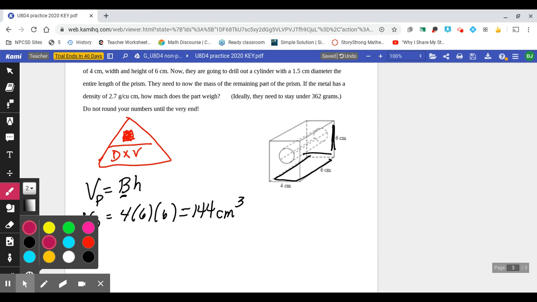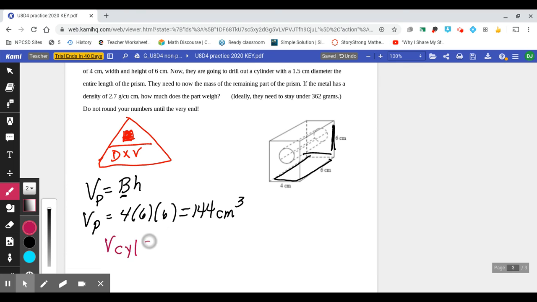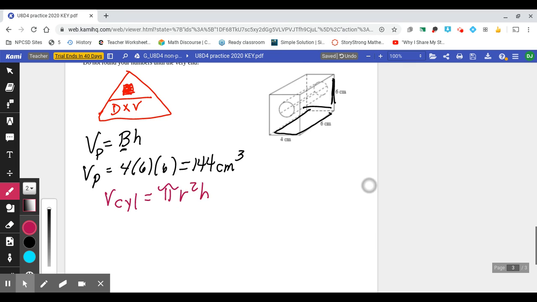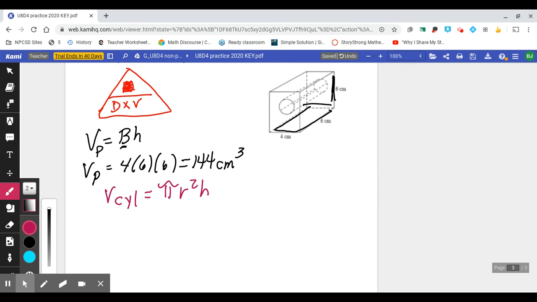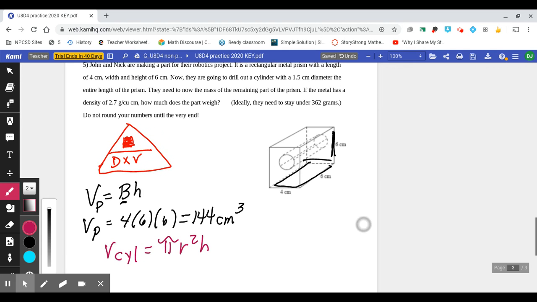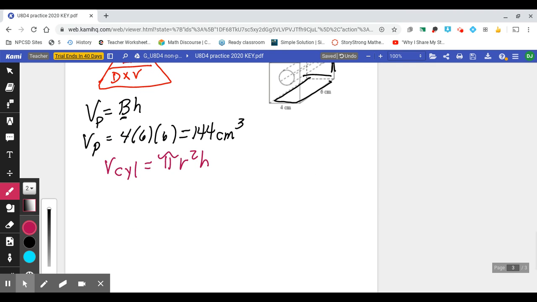Okay, so in the cylinder, we have volume of the cylinder. What formula is that? Pi r squared h. Okay, so what do I know about that cylinder? Well, if I go back up here, it did give me that the diameter was 1.5 centimeters. So if the diameter is 1.5 centimeters, how do I get to the radius?